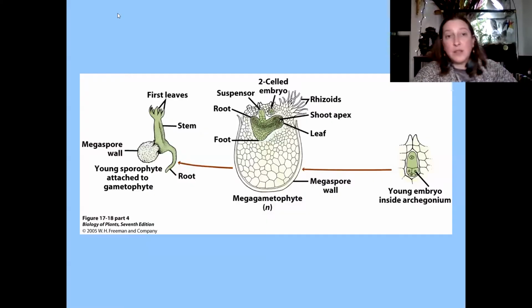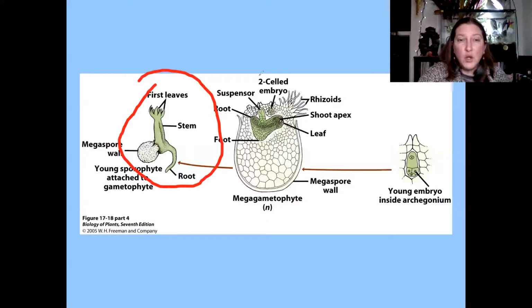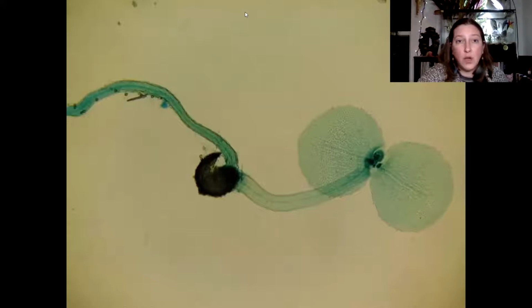Oh, this is the real thing. So this here is a microscope image. This is a drawing of a new sporophyte plant emerging from the female gametophyte plant inside the megaspore wall. And here you go. So the green thing, this is the new sporophyte plant. This is the shoot of the stem of the new sporophyte plant.